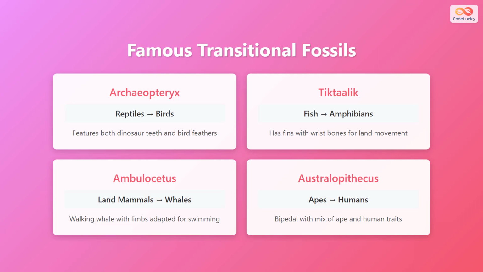This remarkable fossil has fins with wrist bones and a neck, showing adaptations for moving onto land. Ambulocetus, whose name means walking whale, demonstrates the transition from land mammals to whales. This creature had legs capable of walking, but was also adapted for swimming. Finally, Australopithecus shows the transition from apes to humans. These ancient hominids walked upright on two legs, but retained many ape-like features in their skulls and bodies.